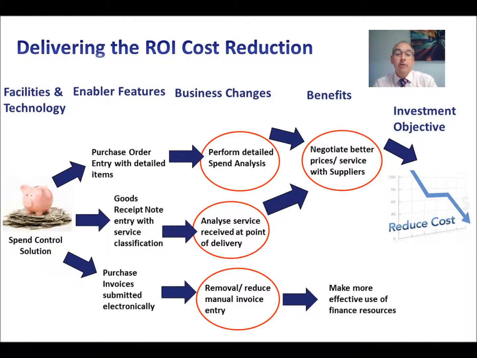The next thing we can have a look at is how we work with our individual accounts payable people to move them away from manual invoice entry to do more value-added work. So as the organisation grows, we've got cost containment. And ultimately, this links through to our investment objective, which is cost reduction.